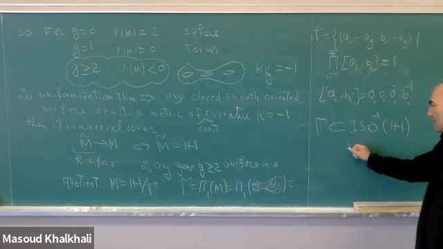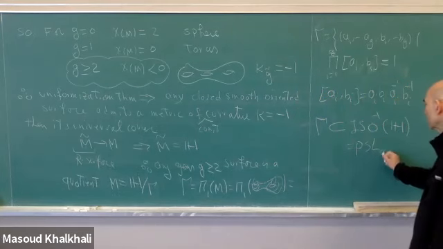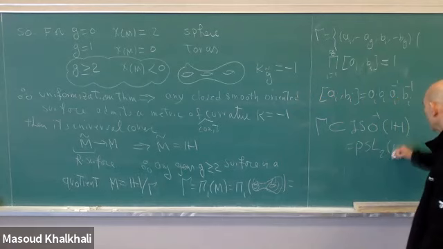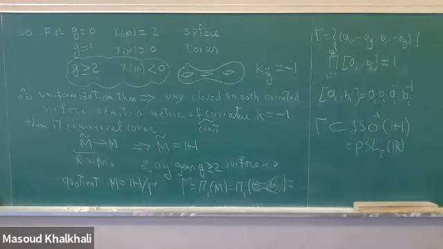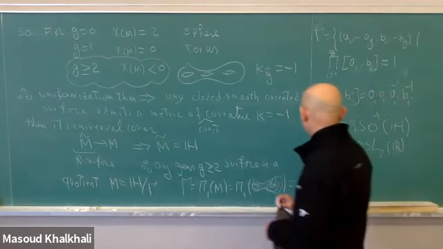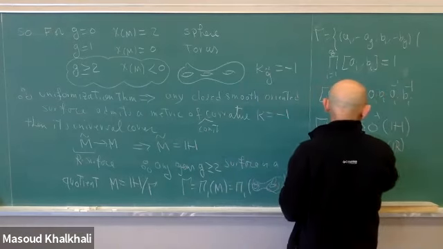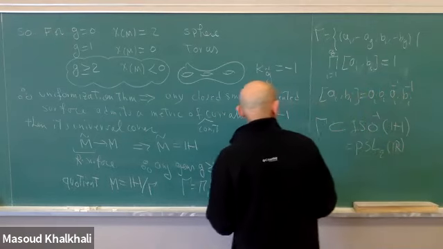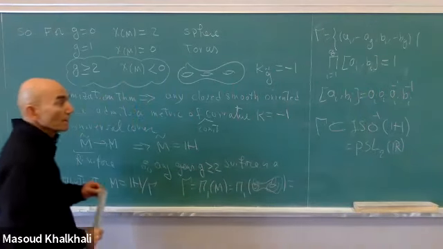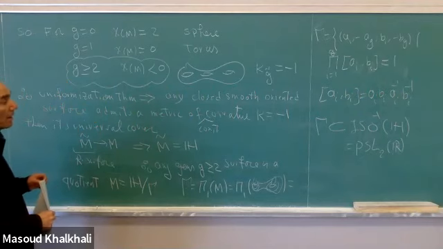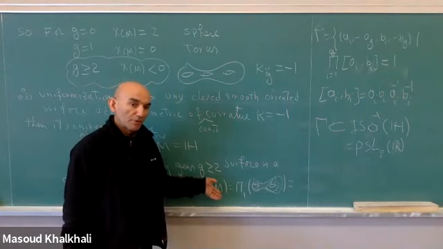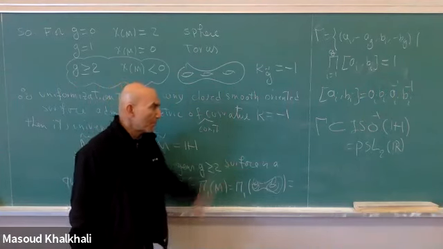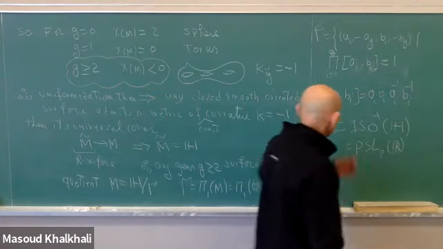But this group is exactly PSL2R. So the conclusion that we arrive at is that by looking at discrete subgroups of isometries of this upper half plane, we can construct all constant curvature Riemann surfaces like that.